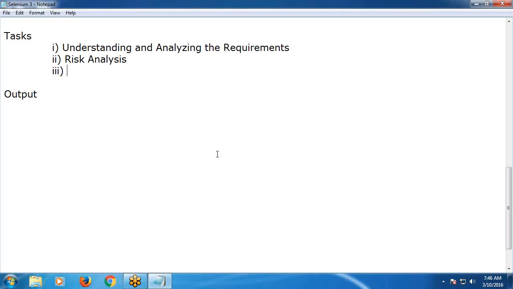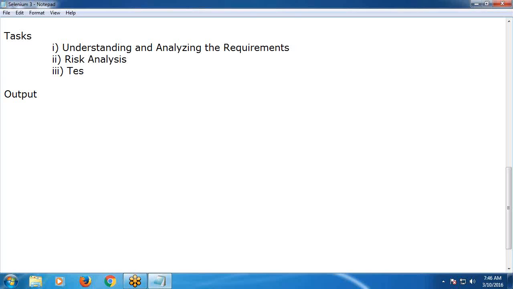In every level, we conduct testing. Testers may vary from one level to another. Suppose in unit testing, testers are developers. In system testing, testers are independent testers like you. Next, in acceptance testing, testers are customers or customer side people. Testers may vary from one level to another, but the testing concept is the same. Test strategy implementation is how to conduct testing. Suppose in our project only functional testing.